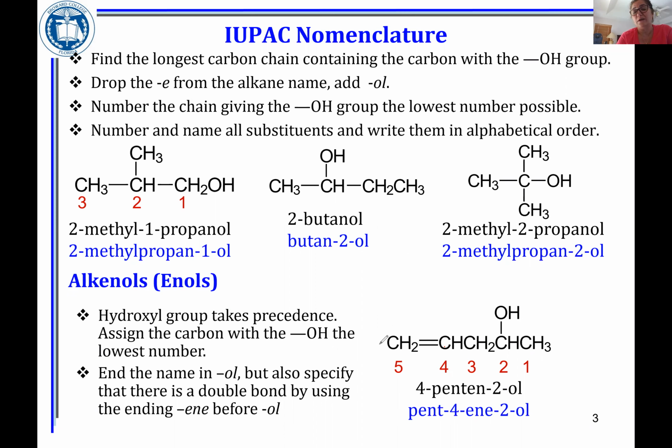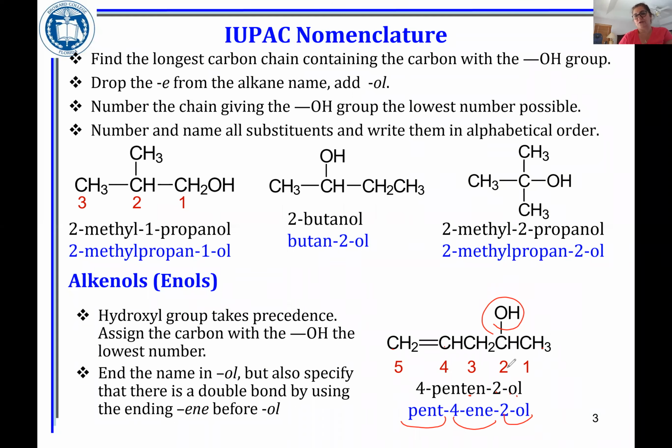If you say 4-hexene, that means it's going to be between carbon 4 and 5 of a 6-member ring or open chain. So you have to give the location for the functional groups, which are 2-ol and 4-ene. So a 5-carbon chain, pent-4-en-2-ol. Or you could say 4-pentene-2-ol.